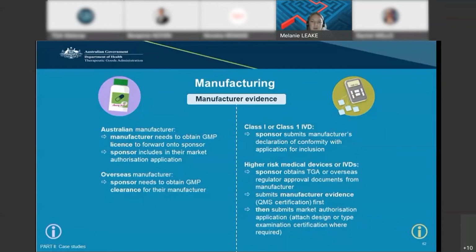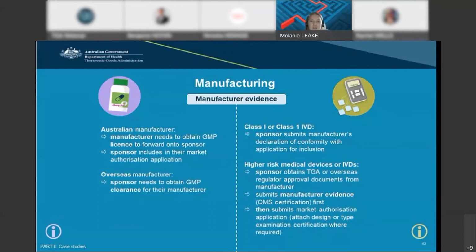For other device types, the sponsor has to submit the manufacturer evidence through TGA Business Services and get approval before submitting an application for market authorisation. So the sequence of events is slightly different for medicines and biologicals compared to devices. For medicines and biologicals, the manufacturer evidence is submitted with the market authorisation application.